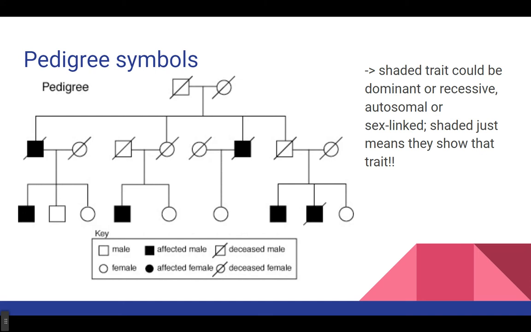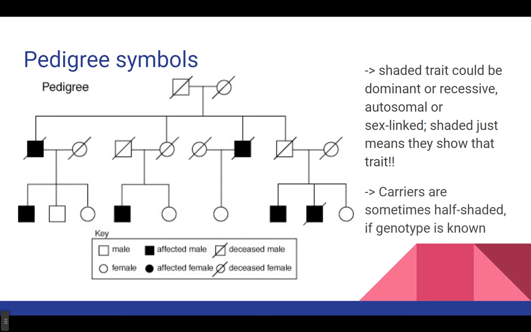So you shade in people who show the trait you're interested in, and then sometimes you can look at a pedigree and figure it out. But if all you see is a pedigree like the one on the screen, this could be a dominant or a recessive trait. It could be an autosomal trait or a sex-linked trait, which we'll talk about later. So it's just important to remember they're not always dominant, they're not always recessive. It just means that person has the trait.